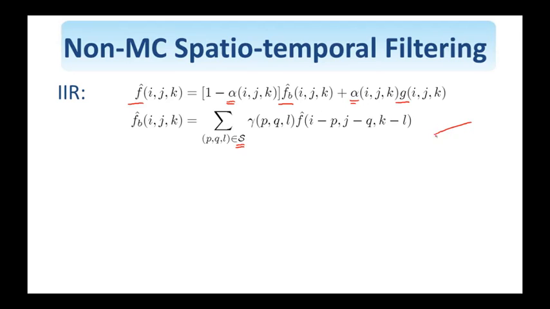So if I consider here the current frame K and the previous frame K minus 1, consider the pixel here at location IJ.